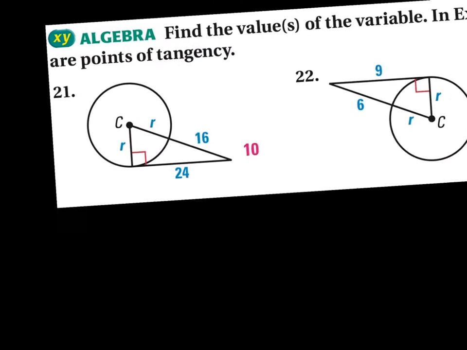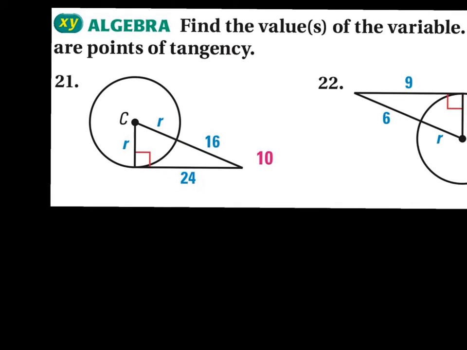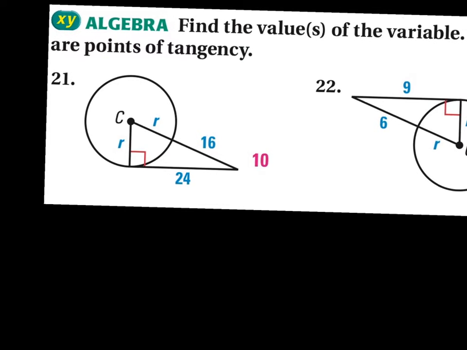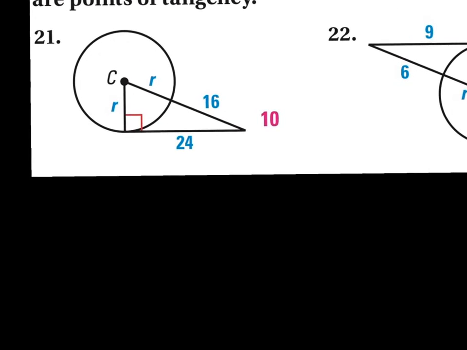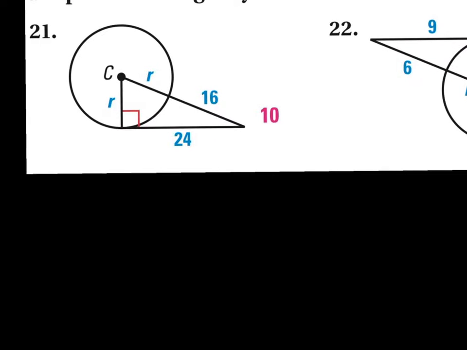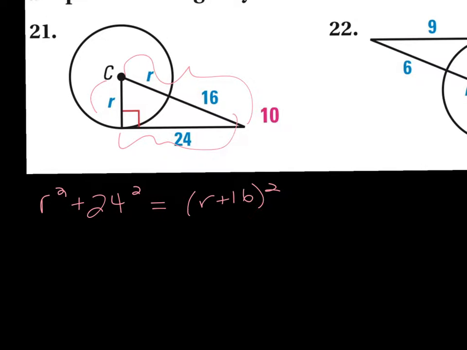So in order for this line to be tangent to the circle, there has to be a right angle there, which means this is forming a right triangle. So if I were to use the Pythagorean theorem, it would say that this side, which is r squared, plus this side, 24 squared, should equal this whole side, which is r plus 16 squared.